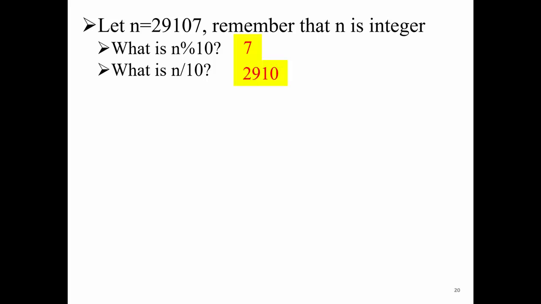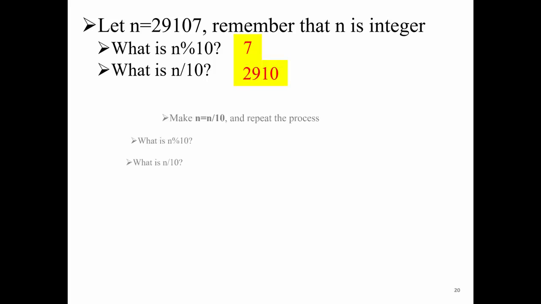The mod operation will give us 7 alone. And once we do integer division by 10, we're going to end up with 2,910. So we are reducing the value of the number. We start with 29,000, now we have 2,000.